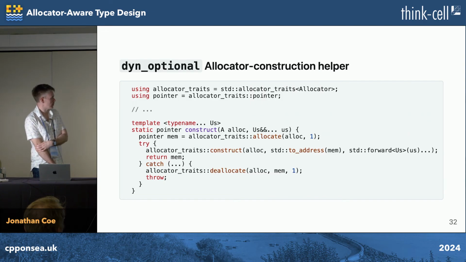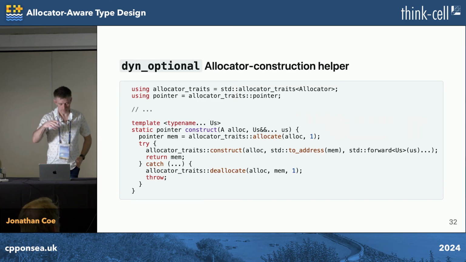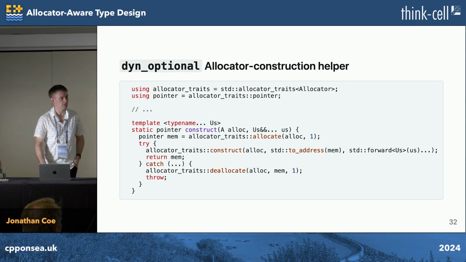If that failed, then we'll free up that block of memory and then throw an exception. If it succeeded, then we'll construct an object inside that block of memory, and then return that block of memory. So that gives us our pointer construct. Again, using allocator traits to do the allocate and do the construct. And those will be, as before, calling into your allocator to see if it's got a special function to do construction and allocation with. And if it doesn't have either of those things, it'll just call the defaults defined by allocator traits.